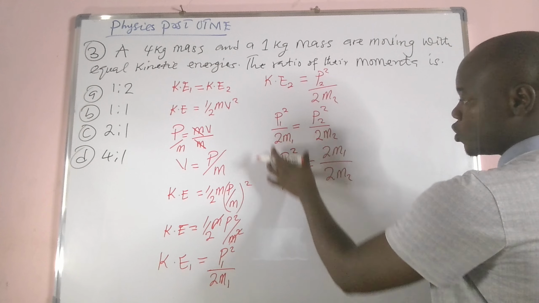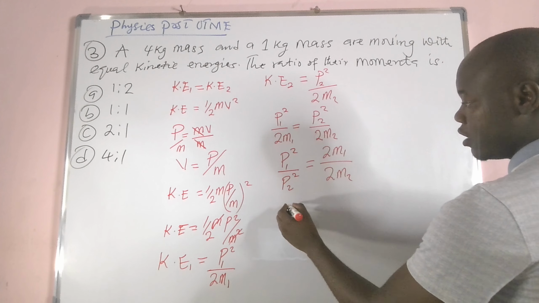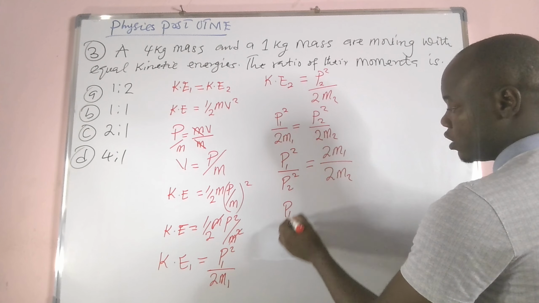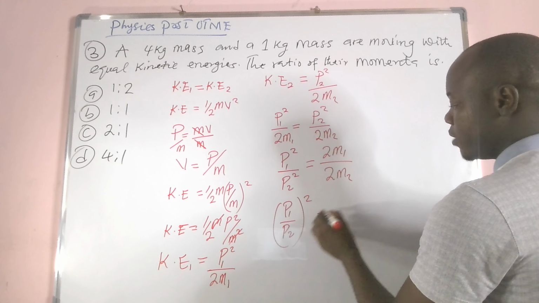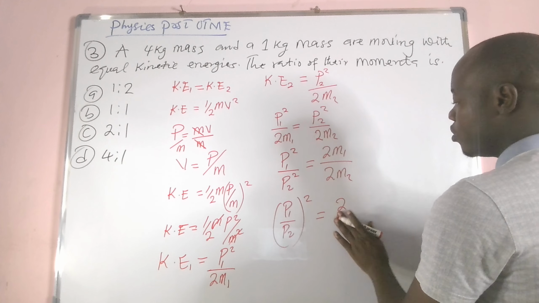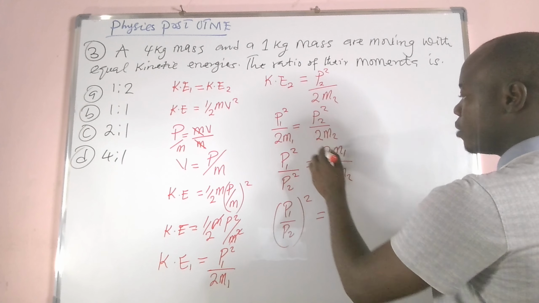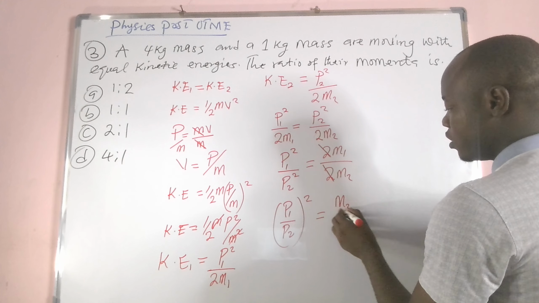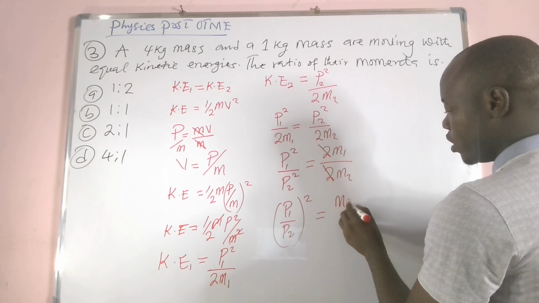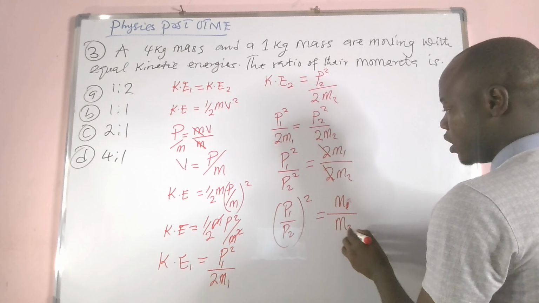Remember, this is a square, so we can factor it as P1 over P2, all squared. Here we have 2 and here we have 2, so this one takes care of this, and we are left with M1 all over M2.